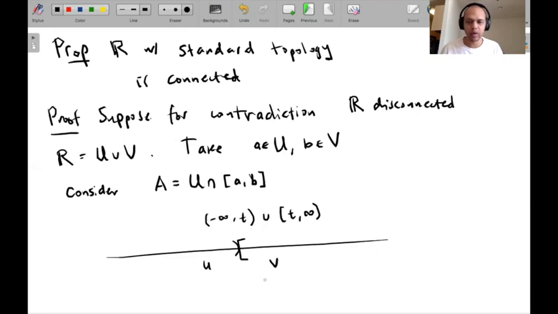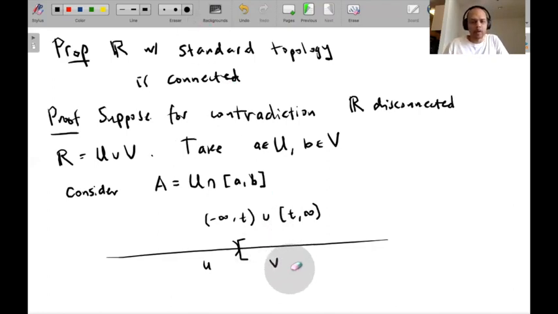And of course, in this case, V has a limit point of U, which means that V is not open, because its complement isn't closed.